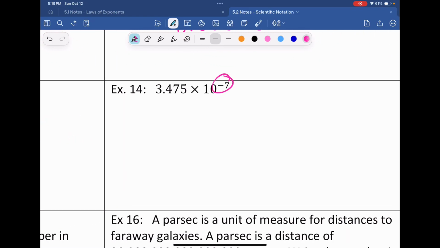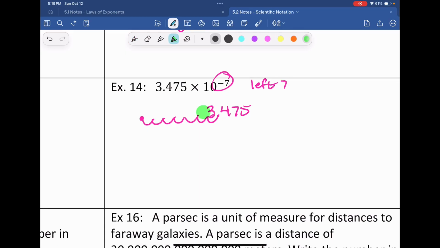So this is left 7. So 1, 2, 3, 4, 5, 6, 7. So that gives me 6 empty spots. Again, you can put a 0 in front if it helps.